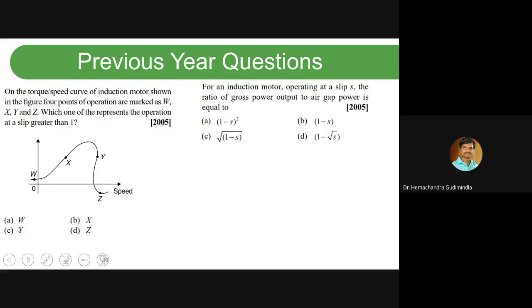Now, for an induction motor operating at a slip S, the ratio of gross power output to the air gap power.